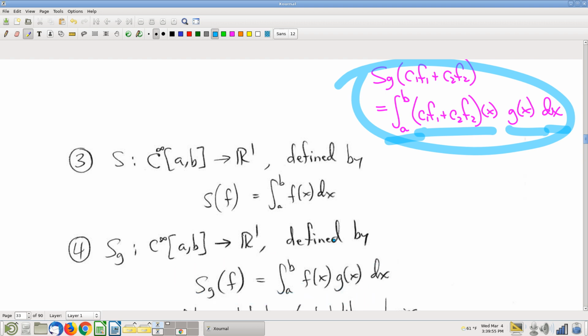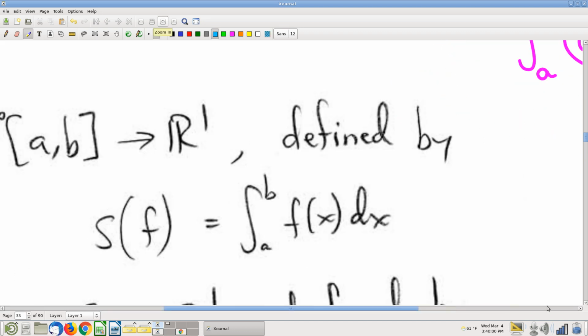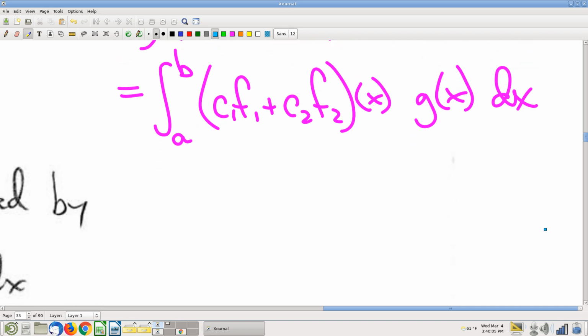Okay. Now, it's just a matter of doing the appropriate algebra. First thing I've got to do: how do I evaluate this linear combination of functions? If I'm going to compute this integral, I'm going to need to know how to evaluate that function. How do you evaluate a linear combination of functions? Flashback to chapter 2. We defined vector spaces, right? And what does it mean to take a linear combination of functions?